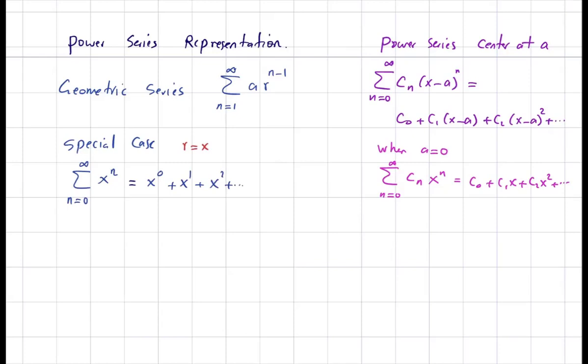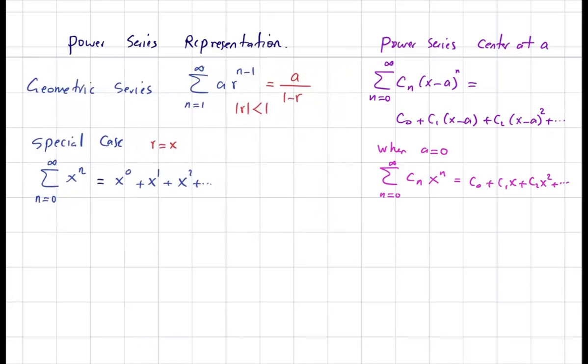Again, from geometric series, if the absolute value of the ratio is less than 1, this series converges to a divided by 1 minus r. So here you can say that as long as x is less than 1 and more than -1, or the absolute value of x is less than 1, this series converges to 1 divided by 1 minus the ratio, which is x.